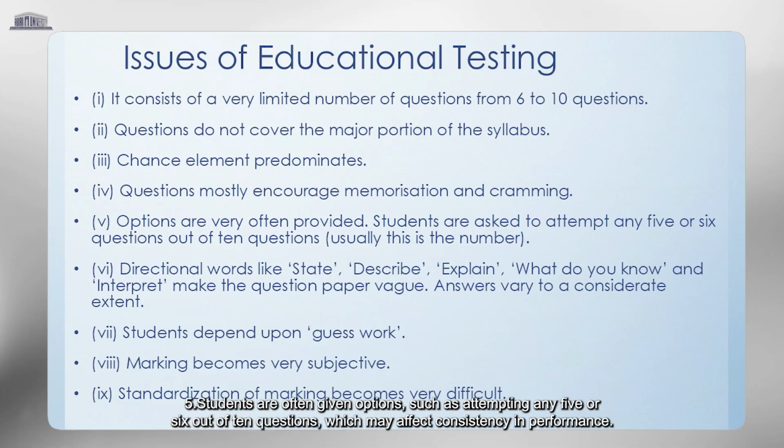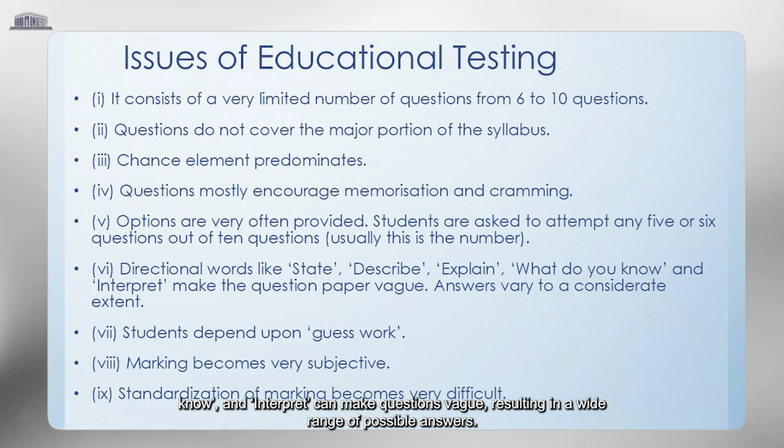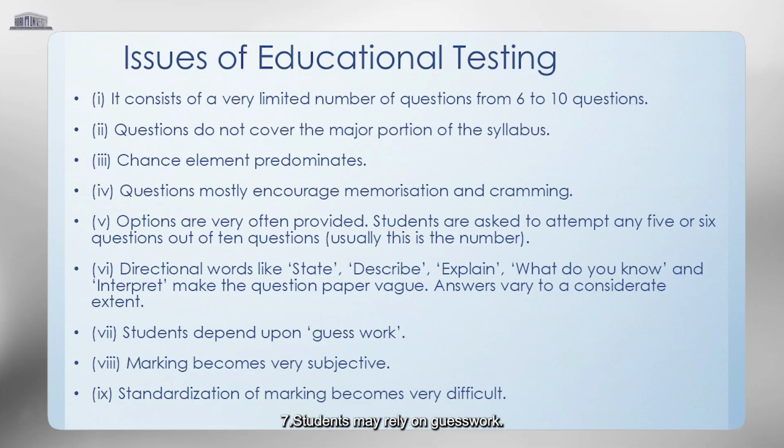5. Students are often given options, such as attempting any 5 or 6 out of 10 questions, which may affect consistency in performance. 6. Directional words like state, describe, explain, what do you know, and interpret can make questions vague, resulting in a wide range of possible answers. 7. Students may rely on guesswork. 8.